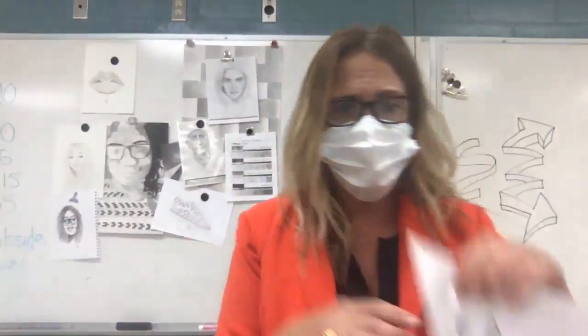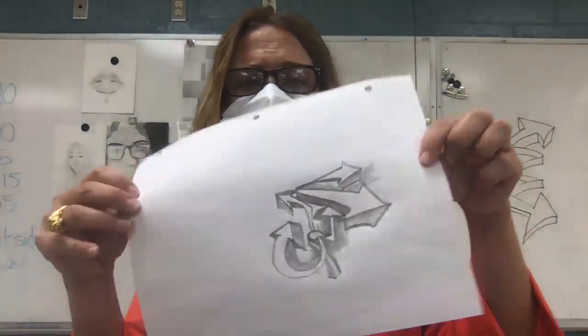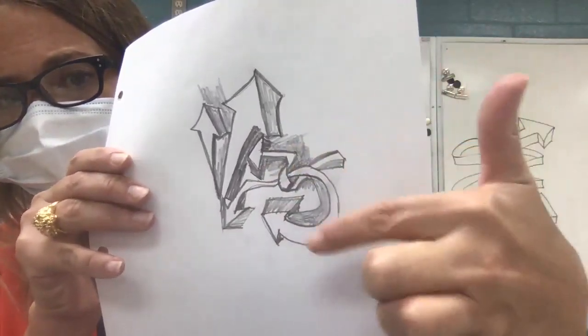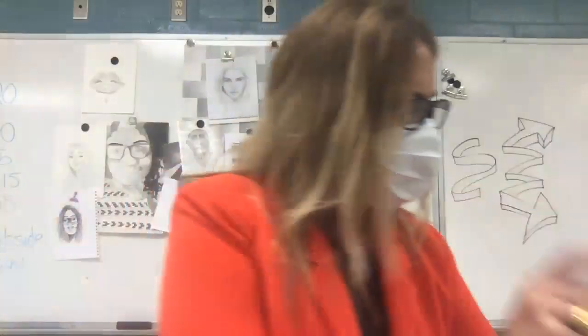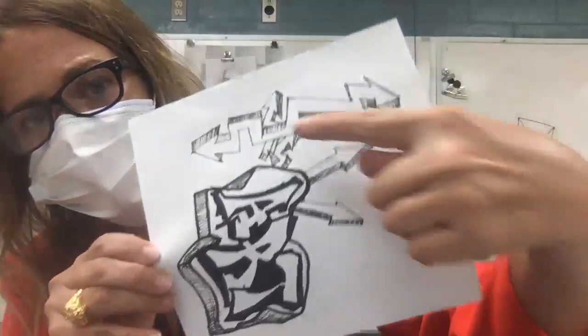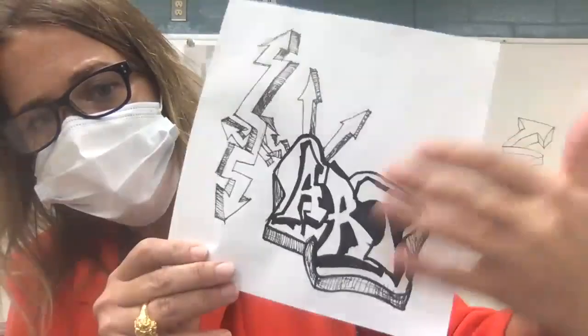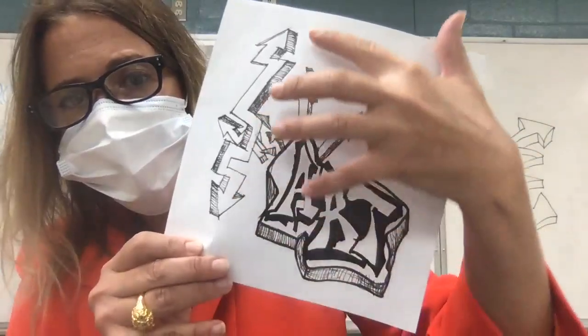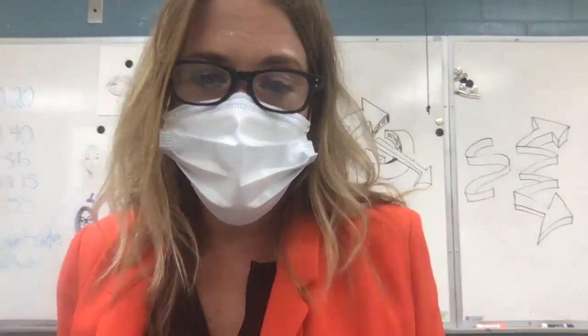Here's a pencil sketch exploring overlapping, wrapping around. Here's one in hatching and cross hatching. Maybe you want to write something in graffiti. What can you do in your sketchbook that's showing dimension with arrows? That's what we're doing today.